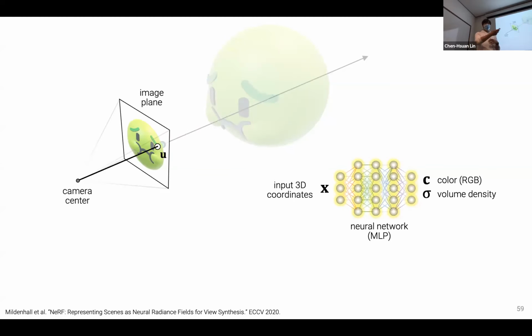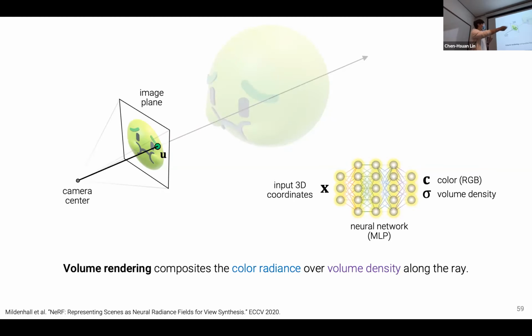Then we use volume rendering to aggregate the predictions for all the points, and synthesize what the pixel color should look like at this location u here. So volume rendering basically computes the color radiance and the volume density along the ray.